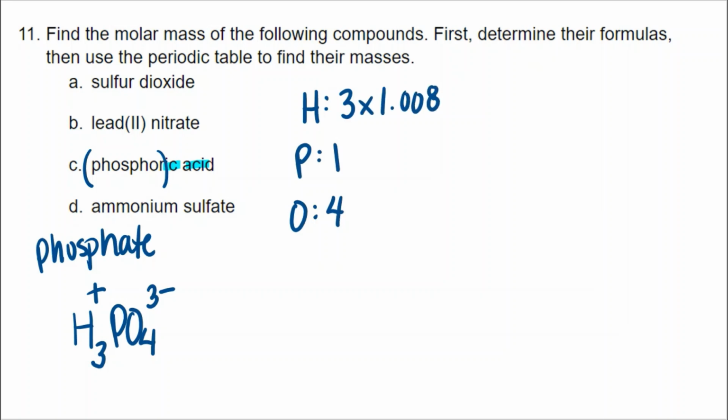So I'm going to go ahead and do my math here. Phosphorus has a mass of 37.974.